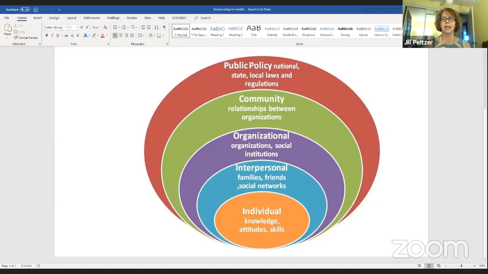So the SEM is usually depicted with the most inner circle as the individual level, and then the outer rings, again, as those spheres of influence from interpersonal to social level as the broadest. So just taking apart each of the levels and describing them briefly.